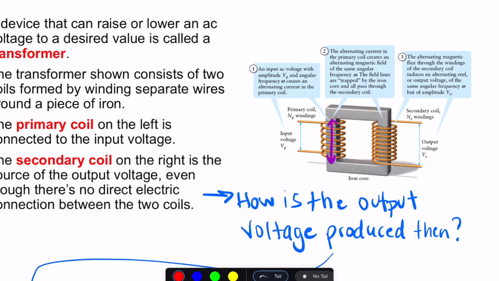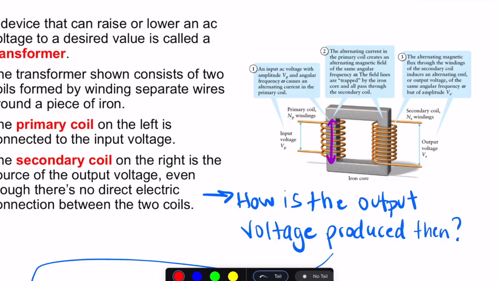It's iron because iron is magnetic, and I'll explain why we need it to be magnetic. On each side of this core, we have coils of wire. On the left, we have the primary coil, where we input the voltage that we want to change. On the right-hand side, we have the secondary coil, where what comes out is the new voltage that we want.